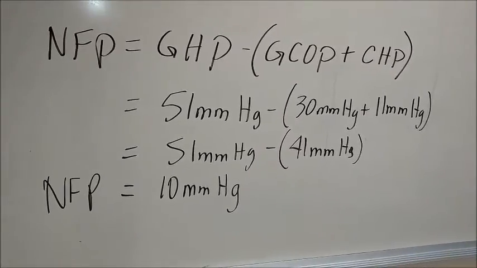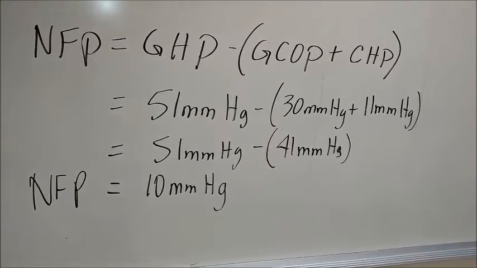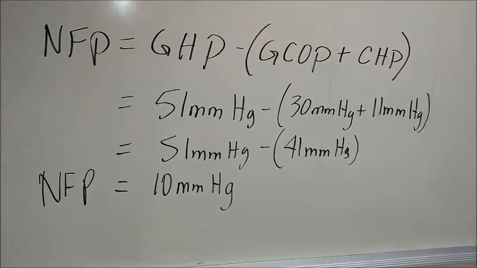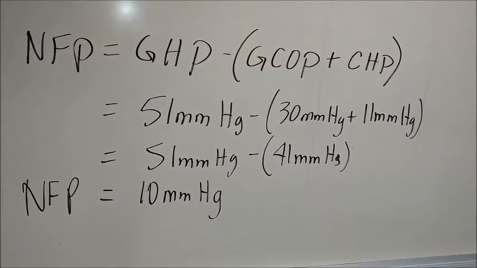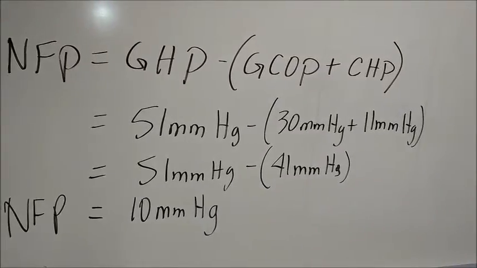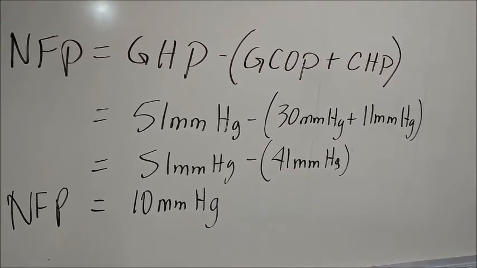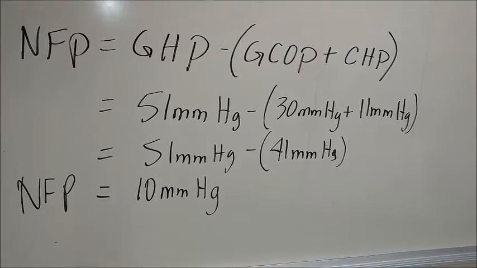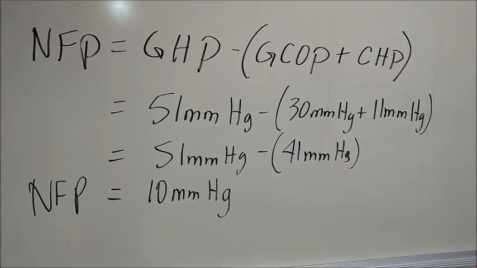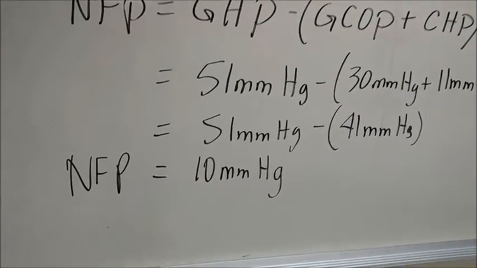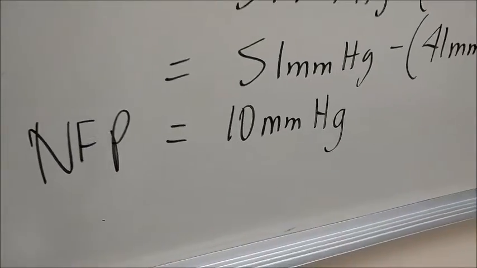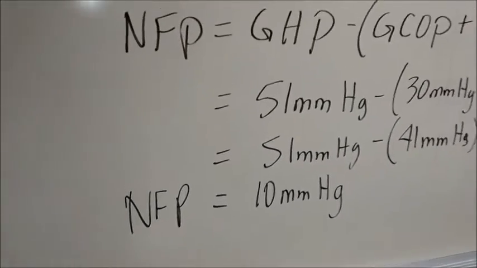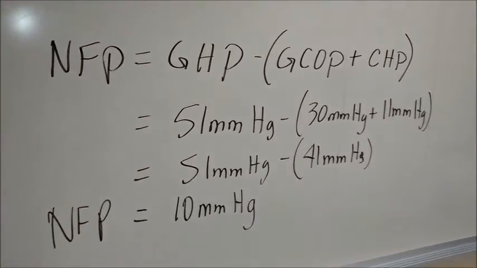If the glomerular hydrostatic pressure is 51 millimeters of mercury and the glomerular colloid osmotic pressure is opposing that at 30 millimeters and the capsular hydrostatic pressure is 11, 51 minus the sum of 30 plus 11, 51 minus 41, is 10 millimeters of mercury. This is outward pressure pushing the fluid across to be filtered in the kidney nephron.